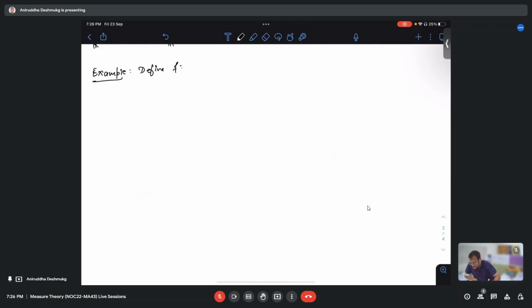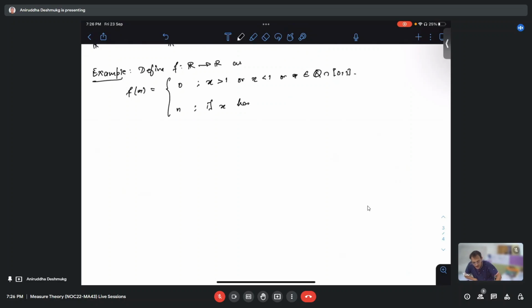Let us define f from R to R as follows. f at any point x is 0 when x is bigger than 1, or x is less than 1, or x is a rational number between 0 and 1. And define it to be n if x first of all should not be a rational number in between 0 and 1, so x is in the complement of the rationals intersected with the open interval (0,1), because notice that 0 and 1 are already rational, so they are counted in the above case.